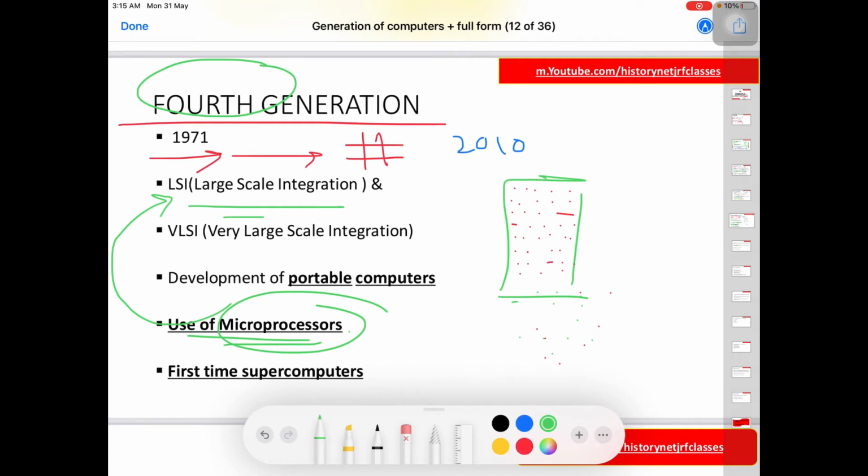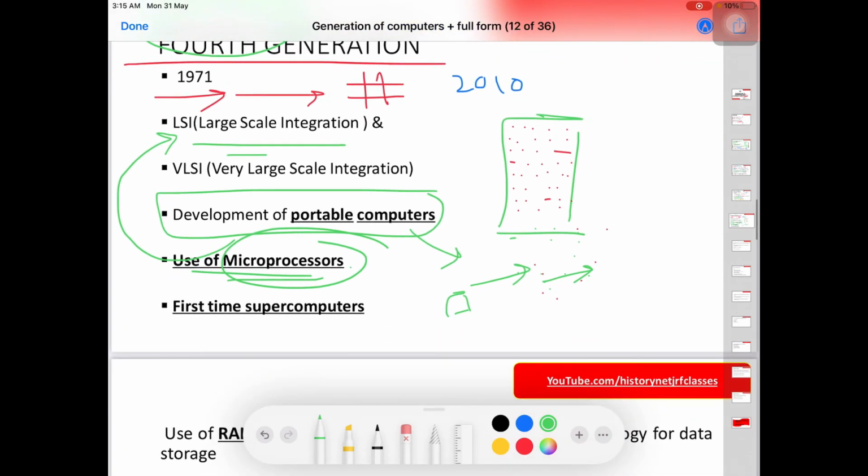During this generation there was development of portable computers, which you can easily shift from one place to another. They are easy to handle and use, unlike previous generation computers that were very large, consumed a lot of energy and produced lots of heat. Most important, supercomputers were made for the first time during this period.